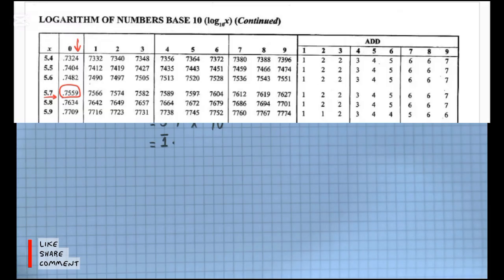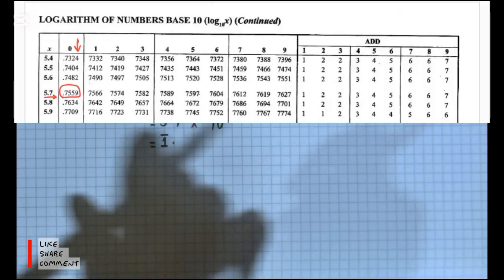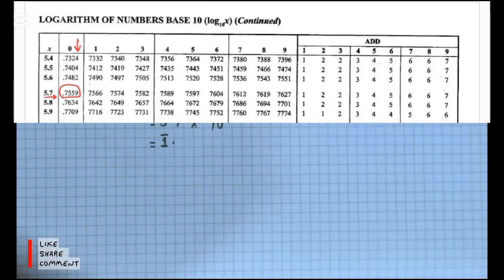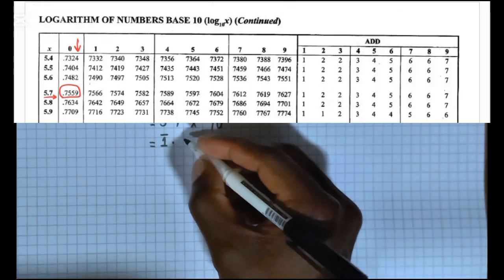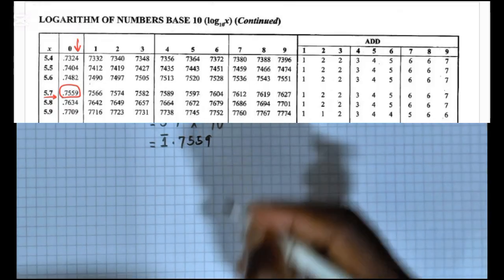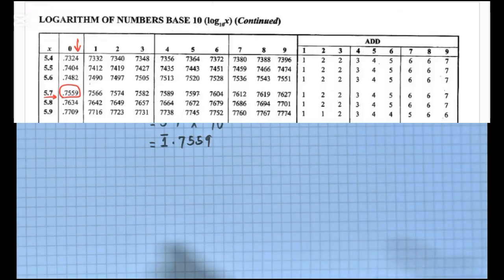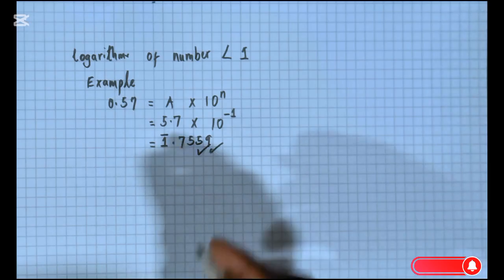You are going to notice that if you go to 5.7 in the logarithm table, under the column of 0 in the midsection, we are going to get that the logarithm of 5.7 is 7.559. And so therefore this here becomes the logarithm of 0.57.